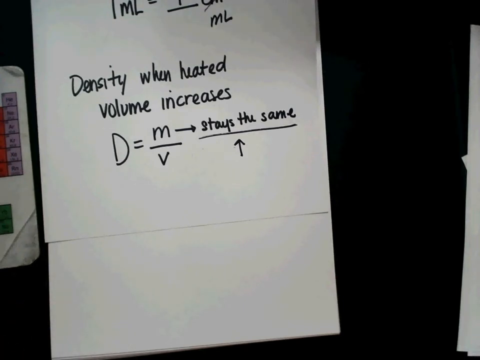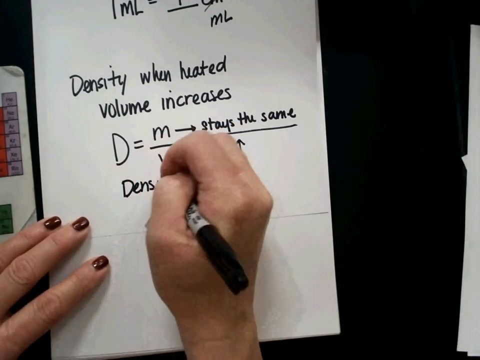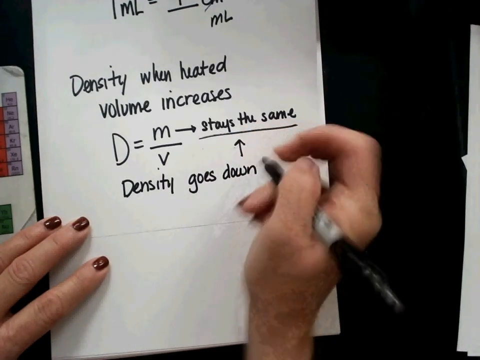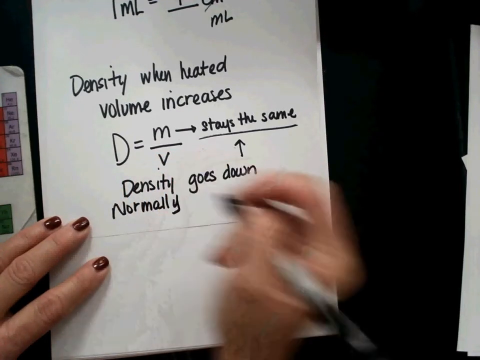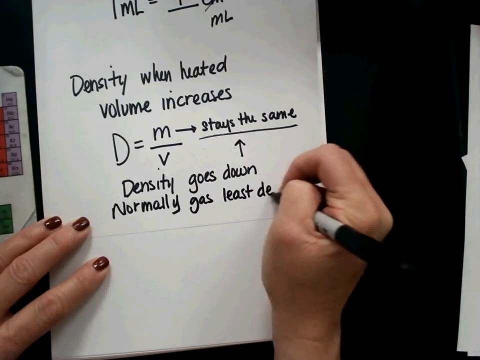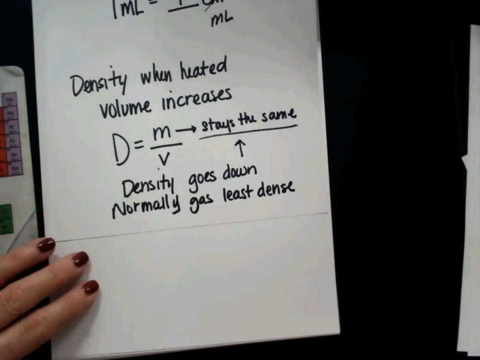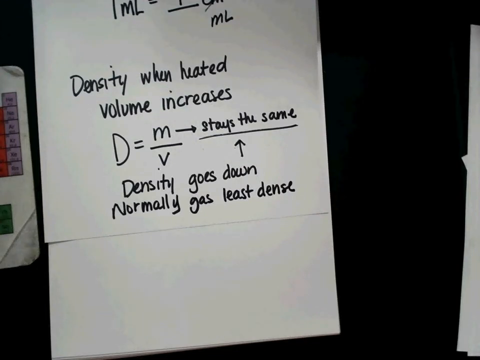My mass stayed the same, but I'm dividing by a bigger number. What happens to the density? It'll decrease. So density goes down. So normally, a gas is the least dense. Does that make sense? Because it takes up more space. So normally gas is less dense.